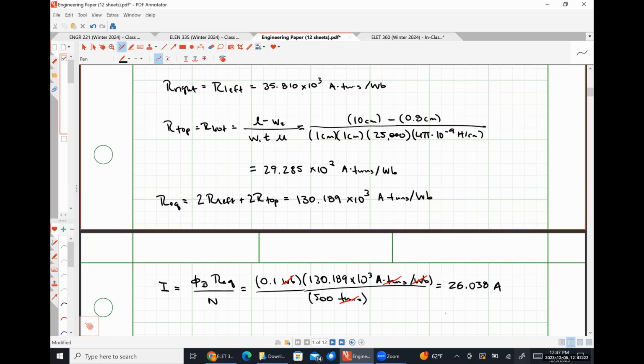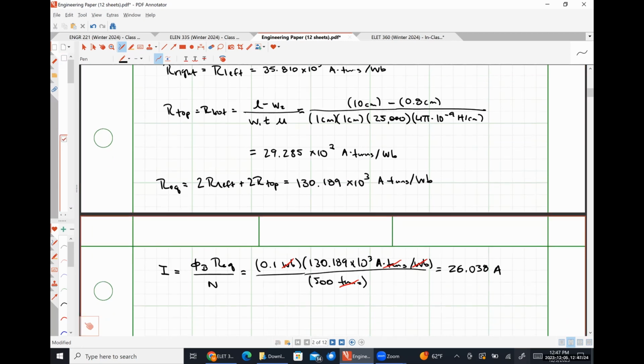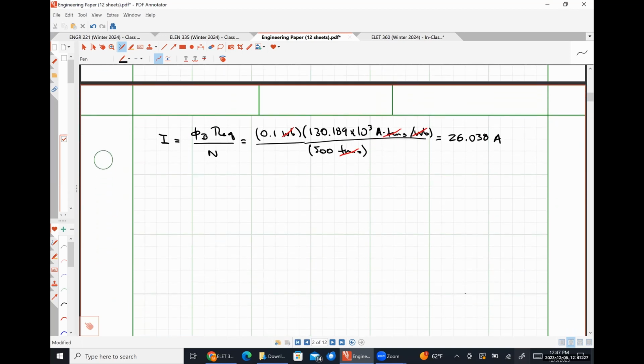All right, so let's work another example here with a bit more complicated geometry. The process is going to be effectively the same. We're just going to have to think more about what our equivalent reluctance is going to look like.